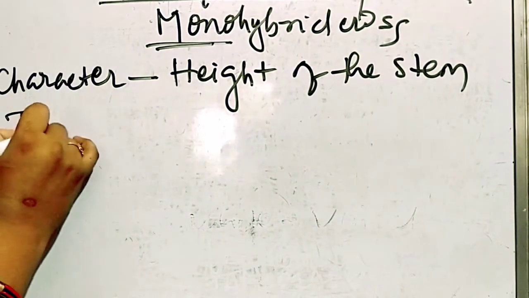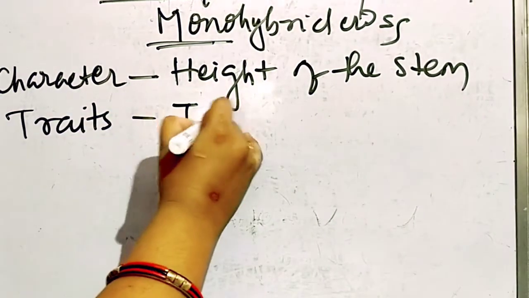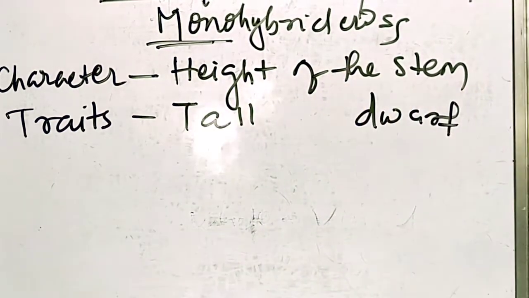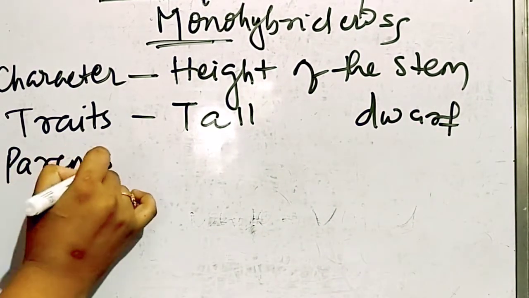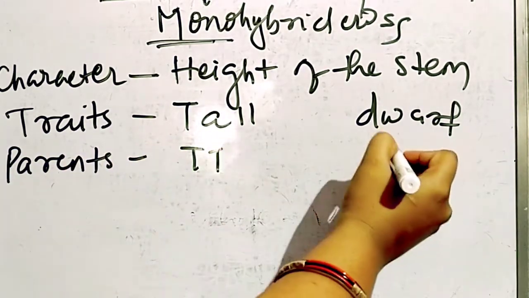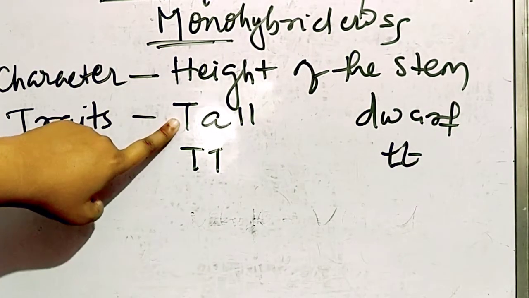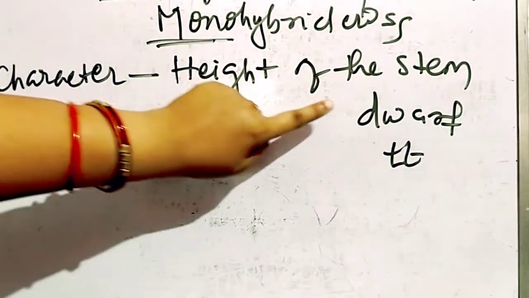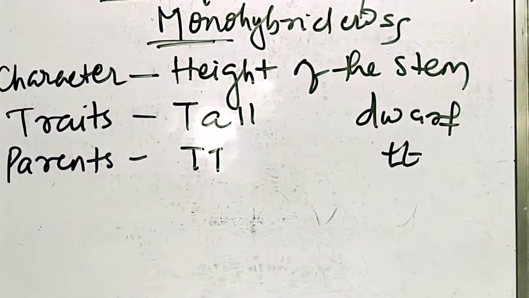The contrasting traits of this character were tall height and dwarf height, or you can write short height. Now these traits were expressed in the parents as capital T and small t. So the parent who was showing the phenotype as tall, the genotype of the parent was capital T, and if the phenotype of the parent is dwarf, then the genotype will be small t.